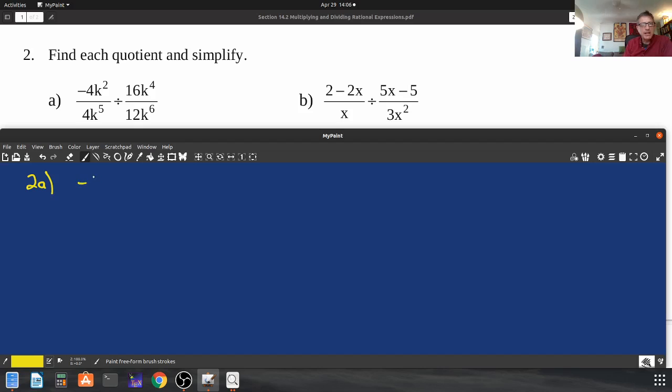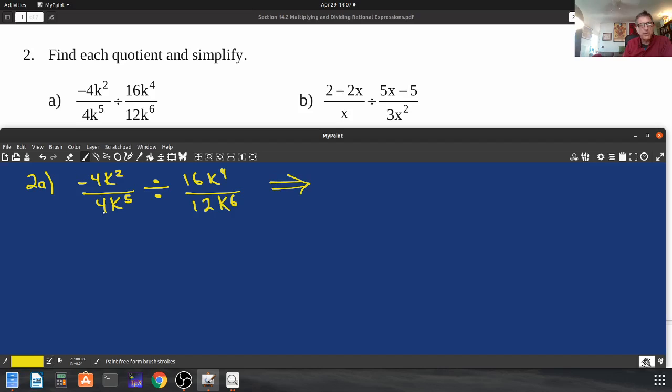So I have minus 4k squared over 4k to the fifth. Now I'm dividing. But division really doesn't give us any problems because we can easily turn it into multiplication. Easy enough.